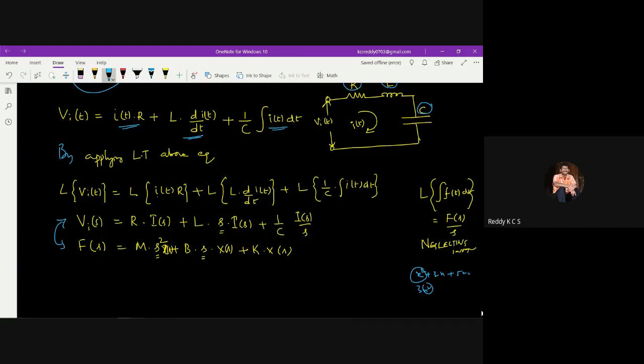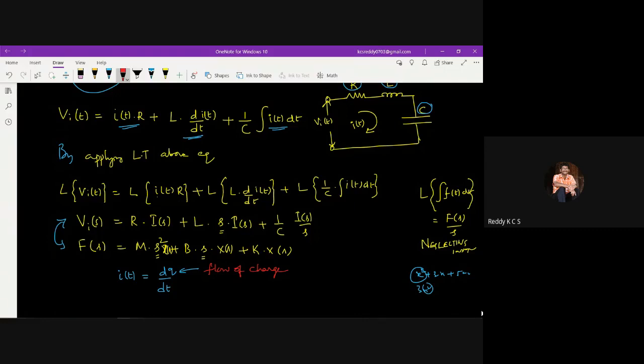To get the s square, the current i(t) can be written in a different form, in terms of the rate of flow, that is d by dt of q, where q is the flow of charge. The rate of flow of charge is nothing but the current.